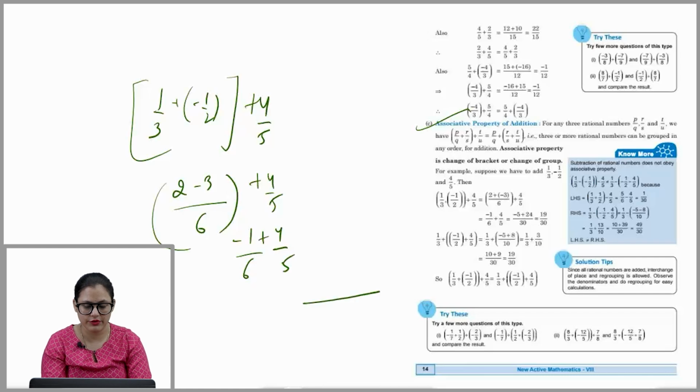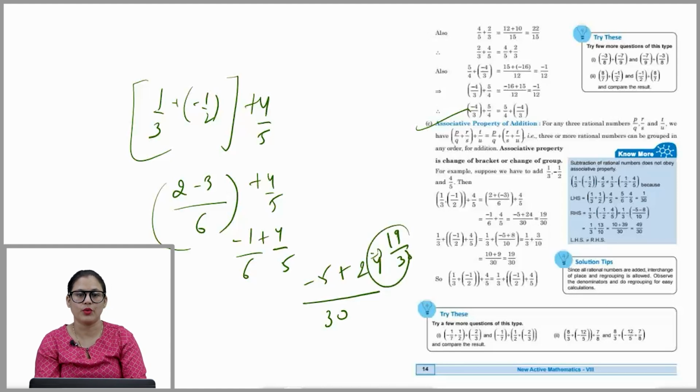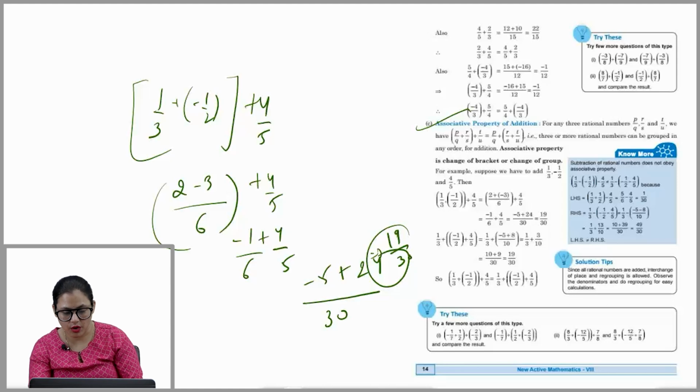The LCM of 6 and 5 is 30. So minus 5 plus, here we will multiply by 6, 24. So the answer is 19 by 30. And if we change the order, then again we will get the same answer, that is 19 by 30.